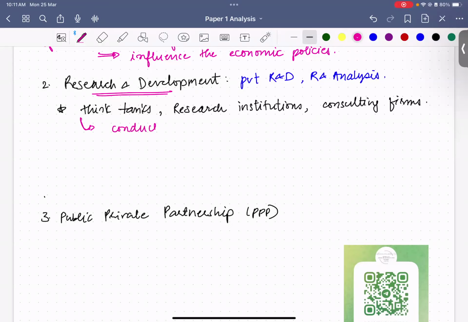Okay, an example would be the association. This is a think tank.